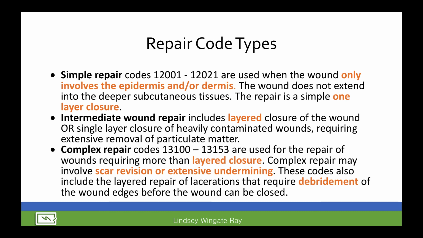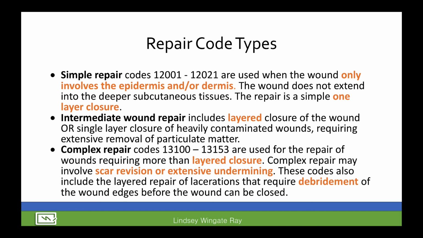Codes 12001 through 12021 are used when the wound only involves the epidermis, so that outer layer of skin, or dermis. The wound does not extend into the deeper subcutaneous tissues. The repair is a simple one-layer repair, so they're only repairing one layer of the skin.